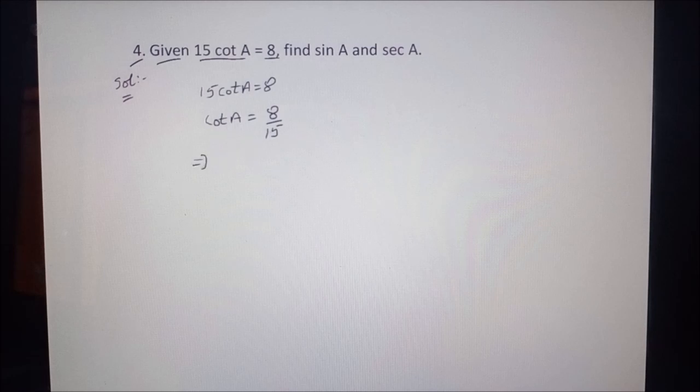It implies we know cot A is equal to base upon perpendicular. So comparing both, base is equal to 8 and perpendicular is equal to 15. Now we have to find sin A and secant A.